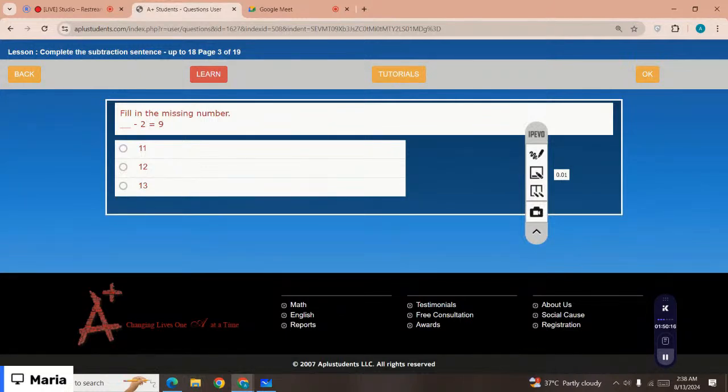Fill in the missing number. So missing number minus 2 equals 9. So which number is missing?